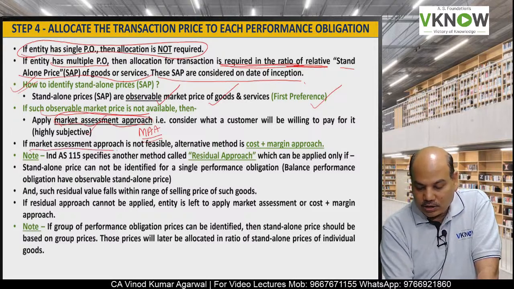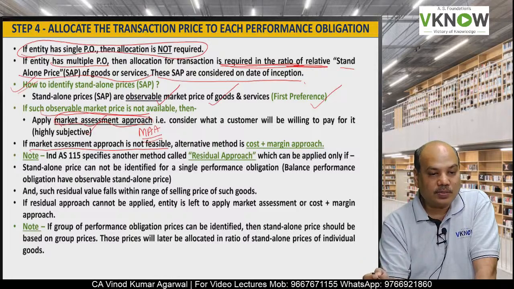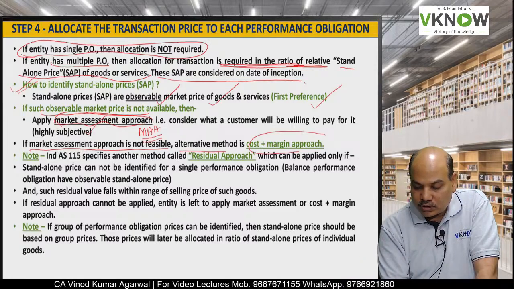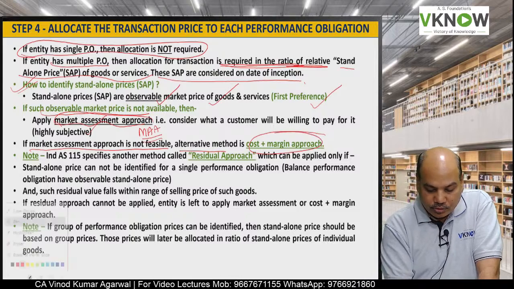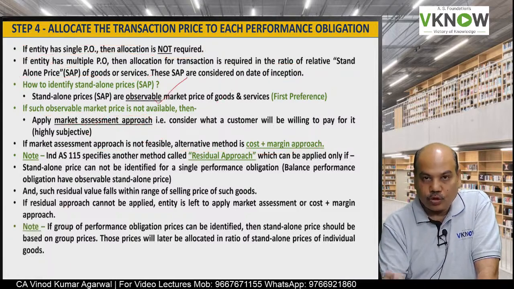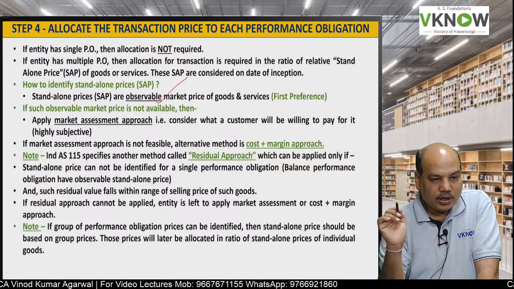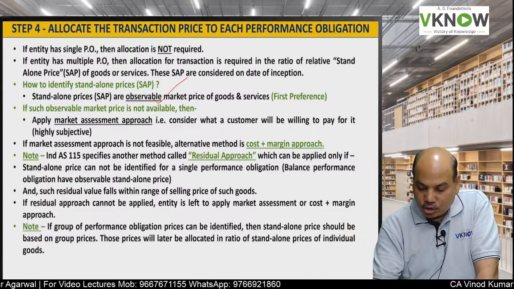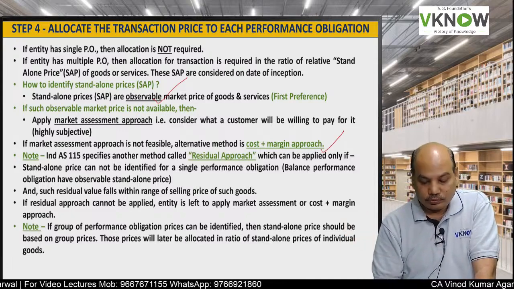If the market assessment approach is also not feasible, then the next alternative is the cost plus margin approach. So first we will give preference to the observable market price. If that is not available, market assessment approach. If that is not available, cost plus margin approach.